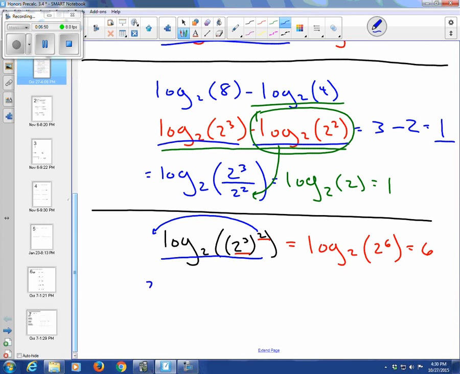If I represent this as 2 times log base 2 of 2 to the third power, really this log base 2 of 2 to the third power is the exponent 3, right? So right here, I can take that exponent inside my logarithm and represent it as a multiplication out front, and then when I evaluate my log base 2 of 2 to the third power, that's going to be 2 times 3, or the exponent of 6.